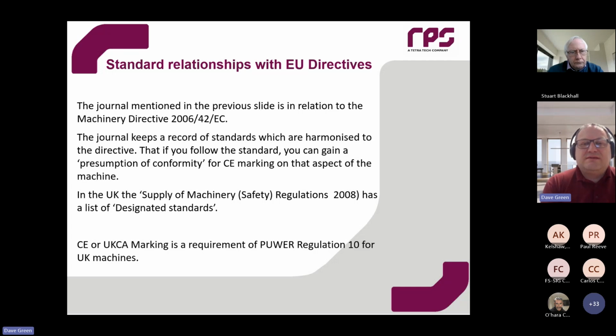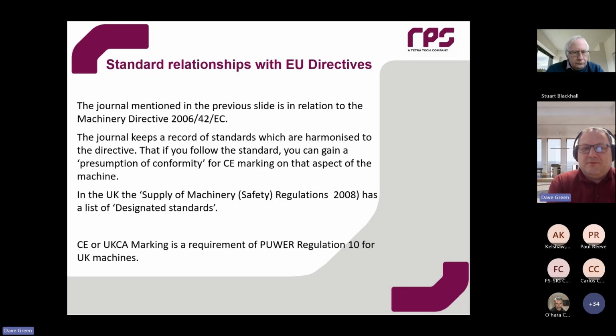Well, if you follow the standard, you can then gain a presumption of conformity for CE marking on that aspect of the machine. Currently in the UK, machines are supplied under the Supply of Machinery (Safety) Regulations 2008, and that has a list of designated standards. And at this very moment, early into UKCA marking, not complying with EU directives, their lists are very similar.